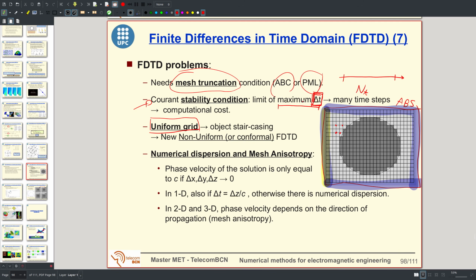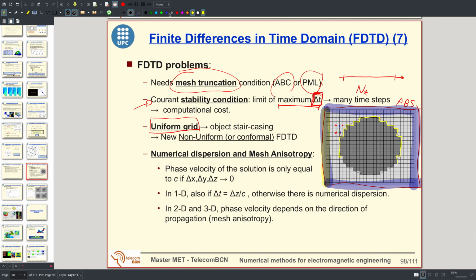Okay, but anyway, we need uniform samples. So the boundary has this staircase approximation. For example, for that circular cylinder, there is a staircase approximation. I talked about this issue in finite difference method. Here it is the same thing in time domain, the same problem.